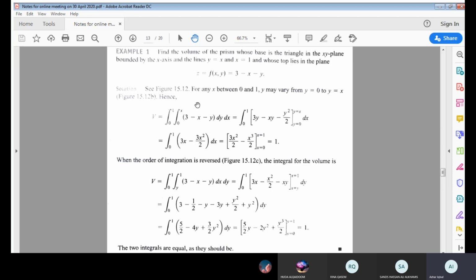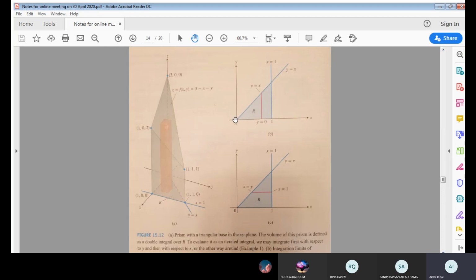Here is the middle expression. You integrate with respect to y first, applying the limit 0 to x. After the integration you get this part, and the resulting expression becomes a function of x. Then you integrate it with respect to x when x is changing from 0 to 1, because as you can see, x is changing from 0 to 1 here.